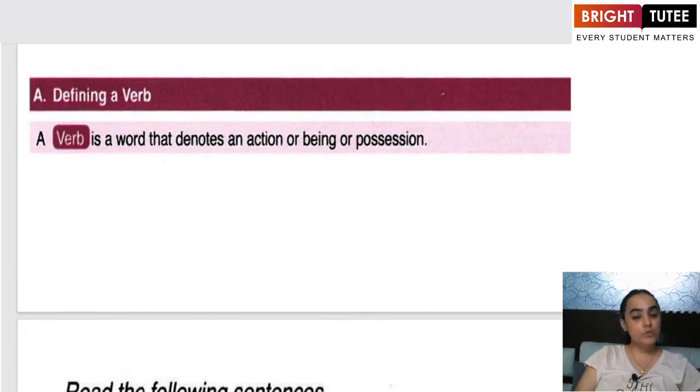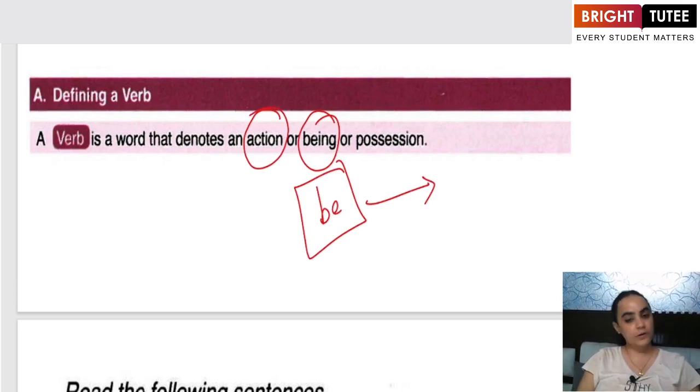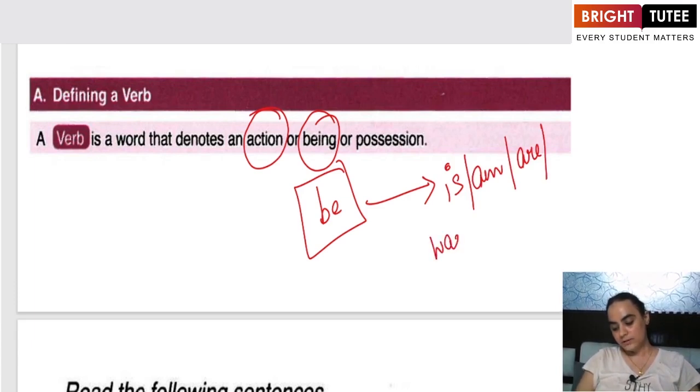As I told you, a verb is a word which talks about an action or about being, the verb be and the different forms of the verb be, which are am, are, was, were.